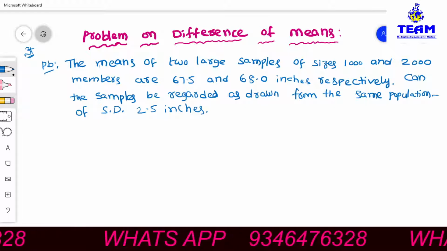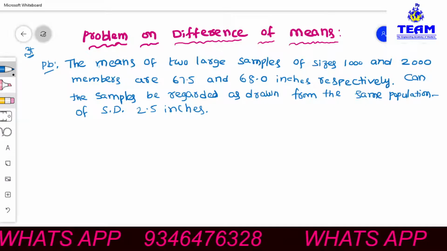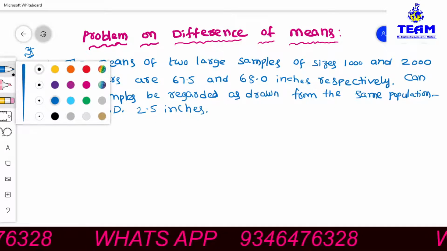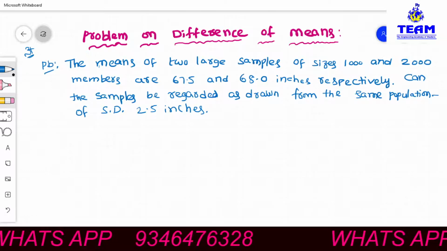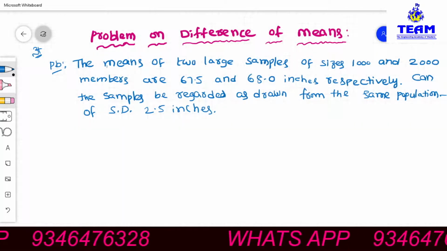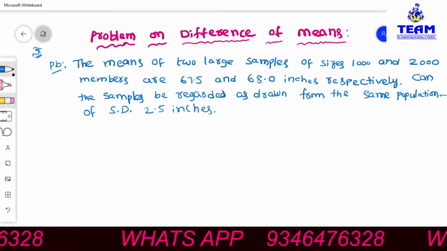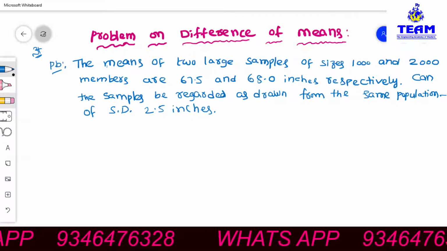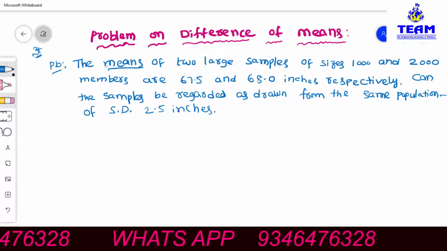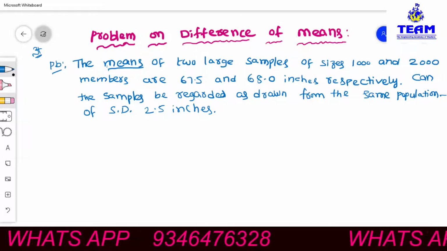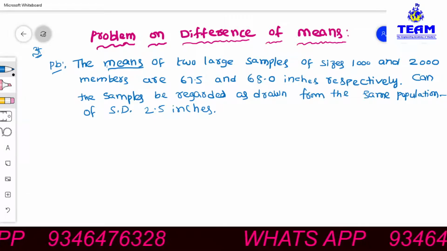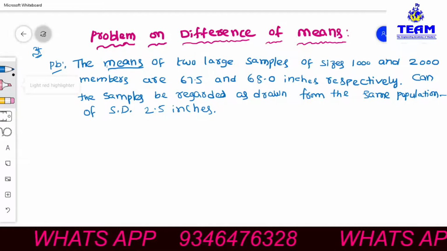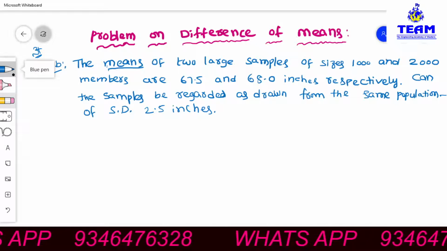Whenever you observe the word "means", which is a plural word, that is, whenever we are having two means, this is the hint. That means we have to check whether they are the same population or different populations. So this decides the fourth step.